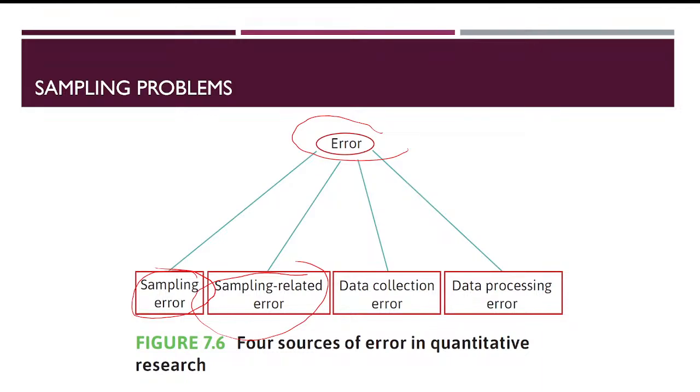Data collection errors, right? Especially when human beings are the ones doing the data collection, inter-observer or inter-interviewer differences in how people record data could theoretically cause errors in what your data ultimately looks like at the end of the day.